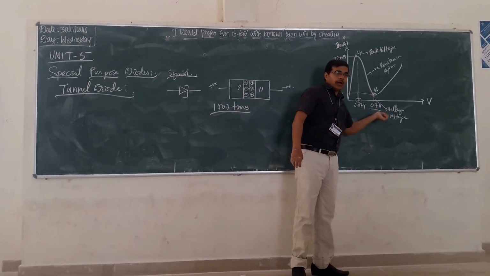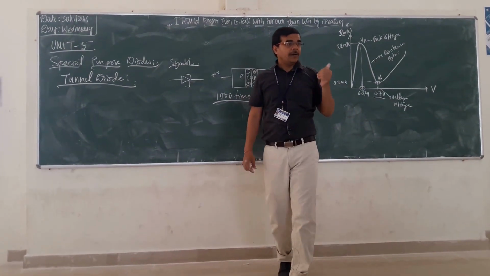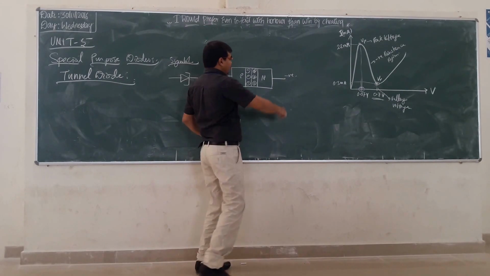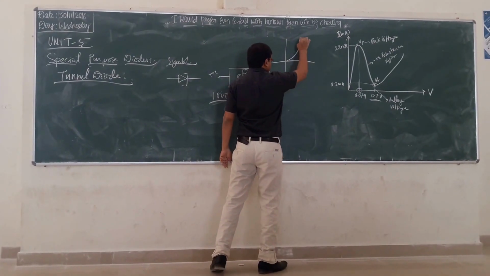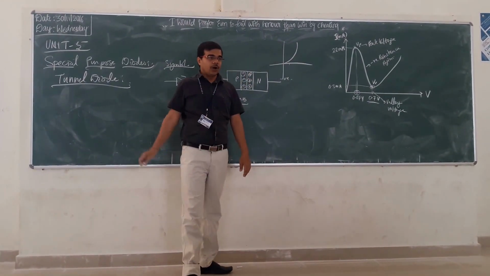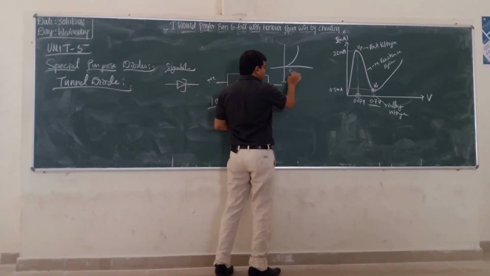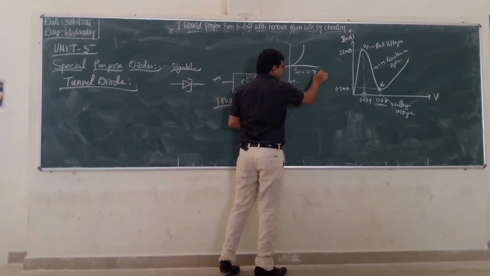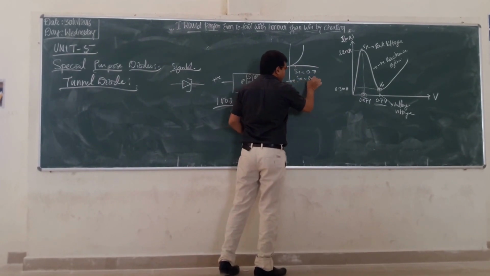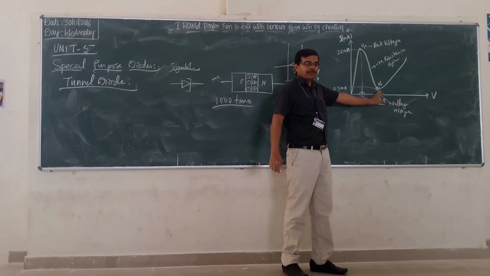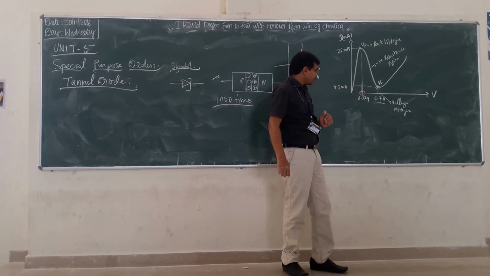This valley point, you can consider as the knee voltage in your PN junction diode. You will have the knee voltage in your ordinary PN junction diode. If you are having silicon, there you have 0.7 volt, and if you are having germanium, there you will have 0.2 volts. So the same you are having here.